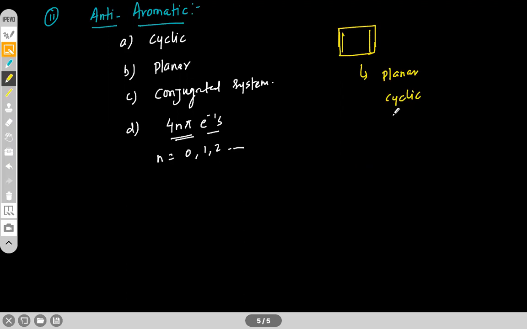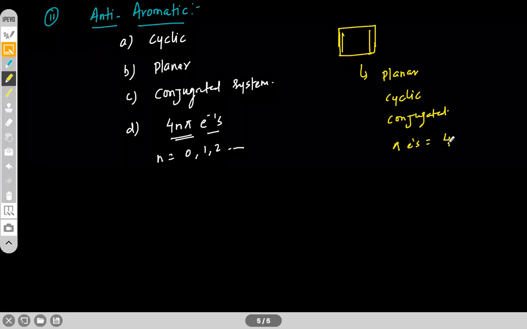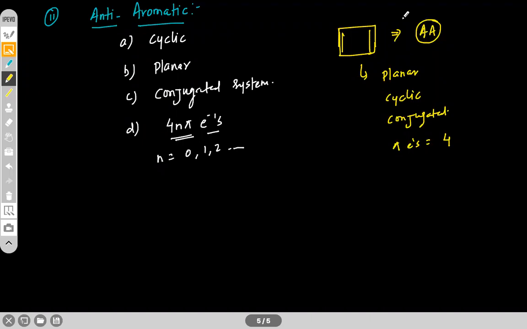Pi sigma pi conjugated system it is. And the number of pi electrons, if you count, is 4. Yes or no? Number of pi electrons 4. So it follows 4n pi electrons for n equals 1. Hence this compound is an anti-aromatic compound. Any doubt?